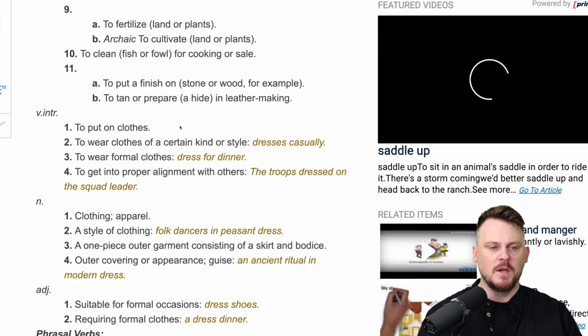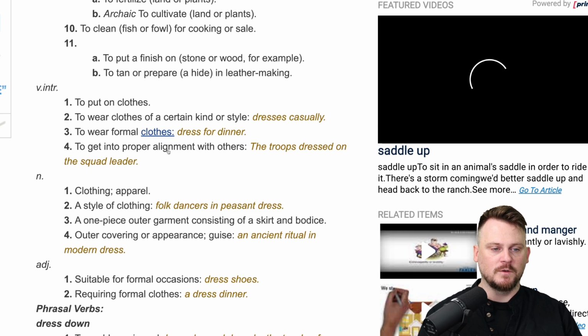To put clothes on. To wear clothes of a certain kind or style. To wear formal clothes. To get into proper alignment with others. Okay. To wear clothes in a certain style. Dress casually. Dress formally. Intransitive means there's no object.